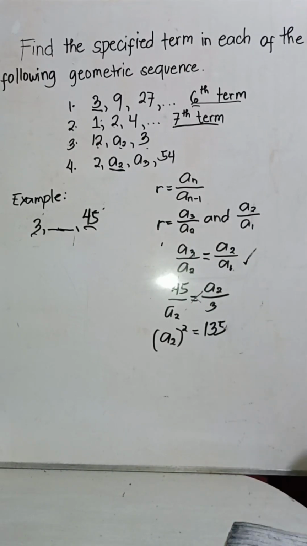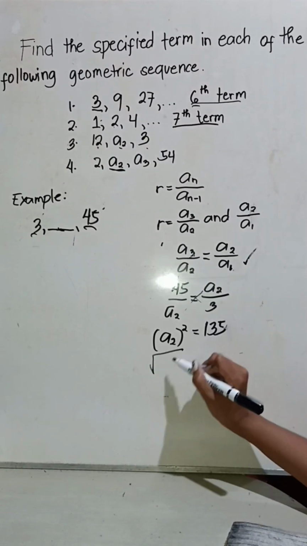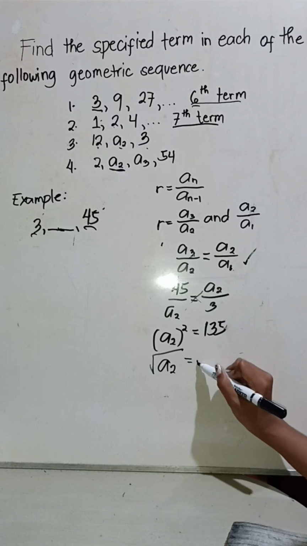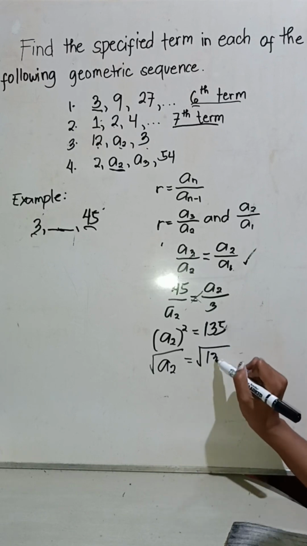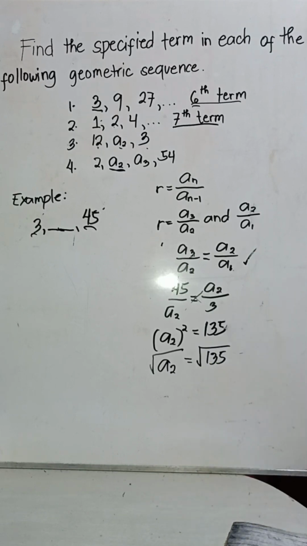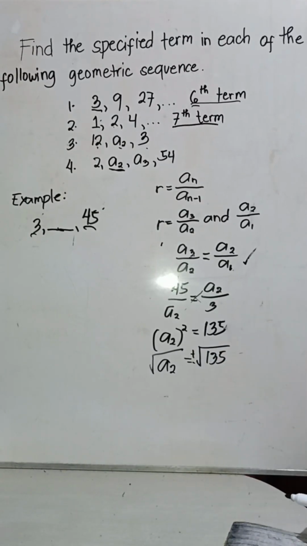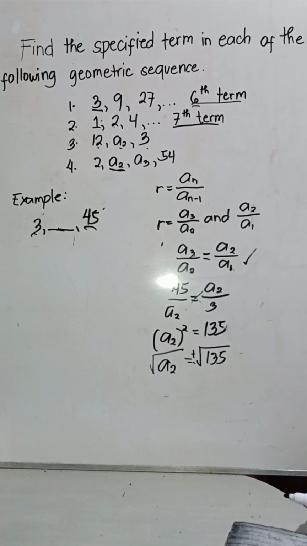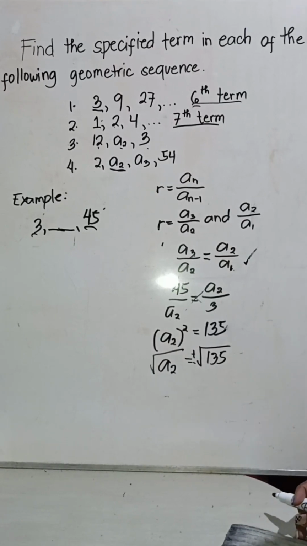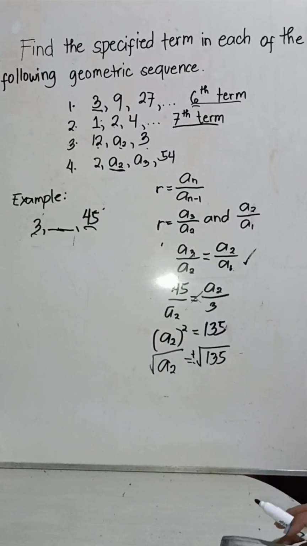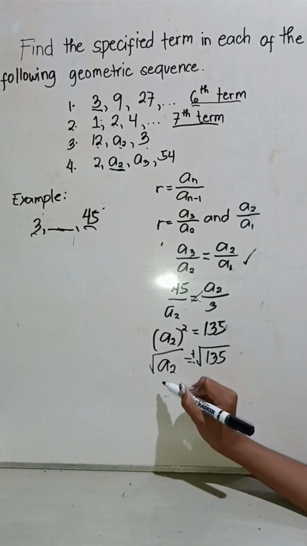So, next. Square root of A sub 2 is equals to square root of 135, or it can be positive, negative, square root of 135. So, what is the square root of 135?